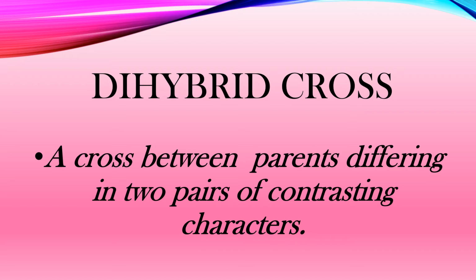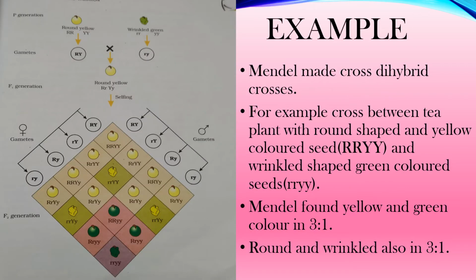So Mendel did this experiment by considering these characters. Here is the example. Mendel made dihybrid crosses. One of the examples is here in the diagram. You can see he considered round and yellow seeds and crossed such a plant with a plant bearing wrinkled and green seeds.